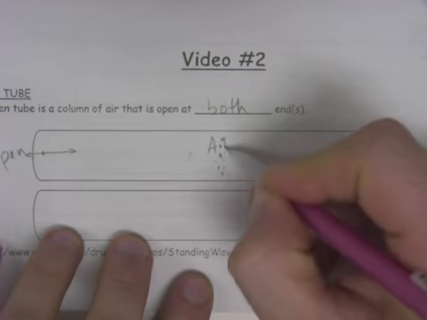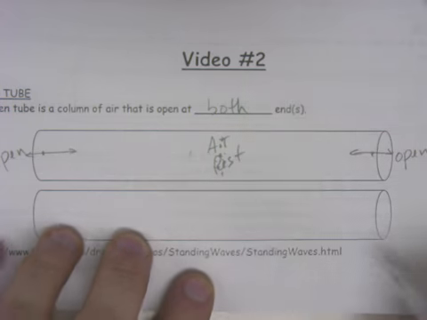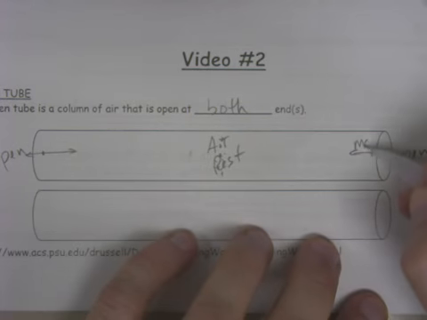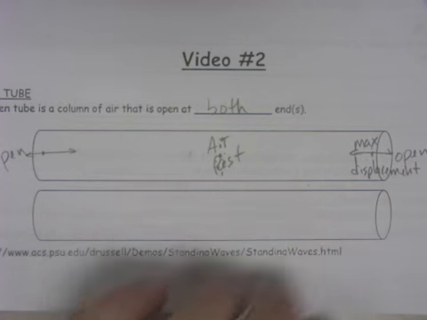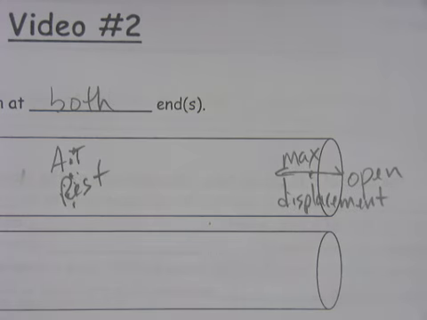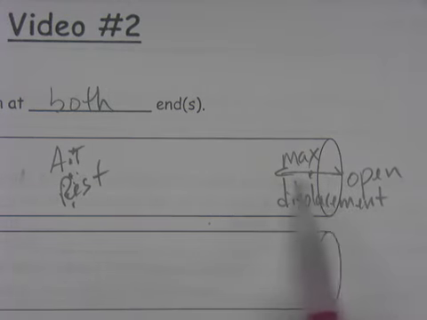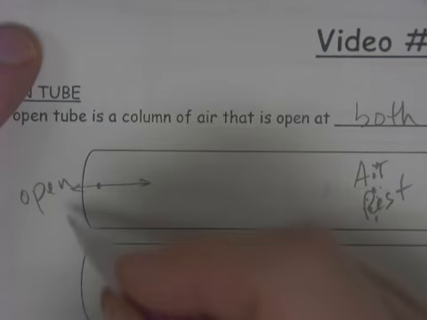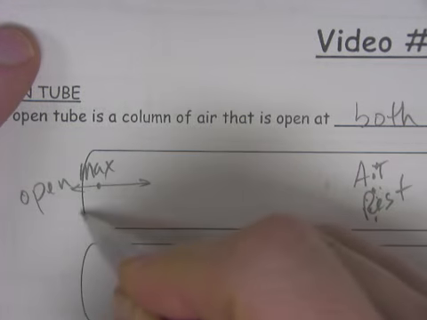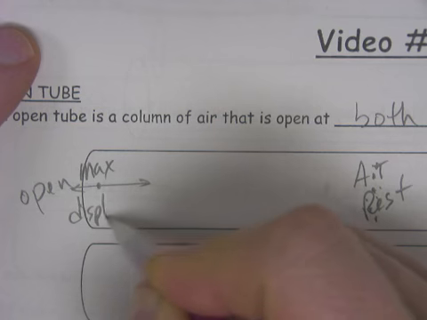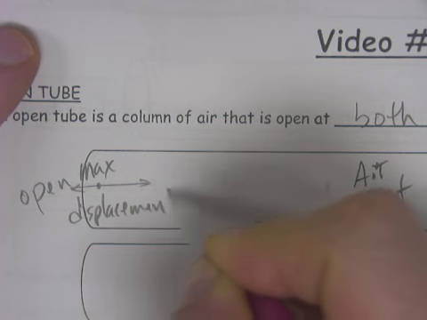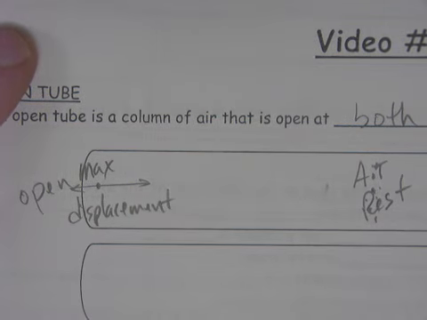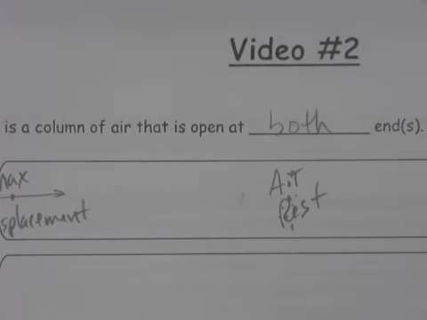So I'm going to put at rest, and then over here I'm going to put maximum displacement. I'm going to zoom in a little bit so you can actually see it. Maximum displacement over there, so it's moving back and forth quite a bit. And then over here I'm going to put maximum displacement as well.